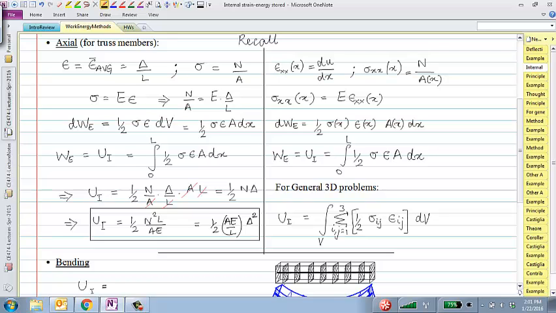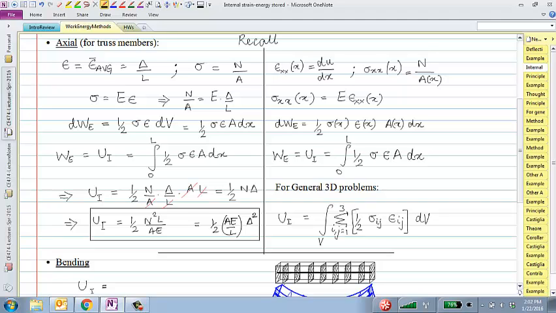So essentially what I'm saying here is, if you tell me that this bar is under an internal force N, then the internal energy stored would be half N squared L over AE. I don't need anything else. You tell me the internal force, I can tell you what the internal energy stored in the bar would be.